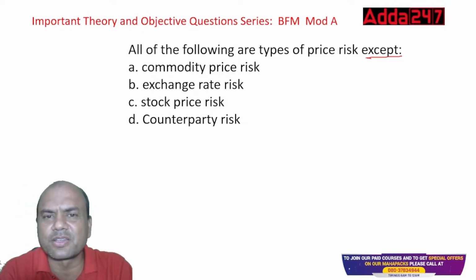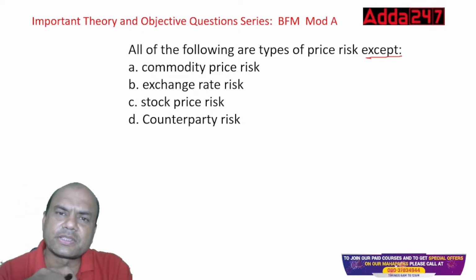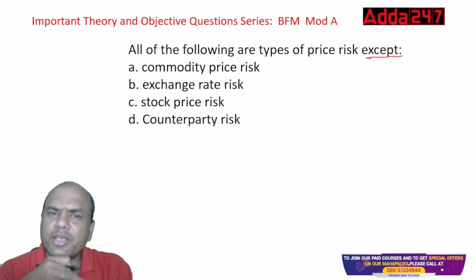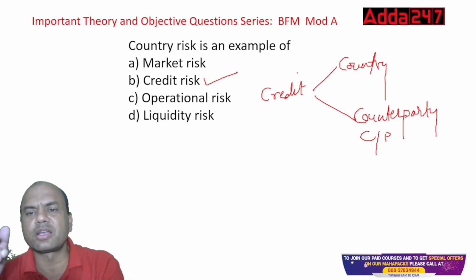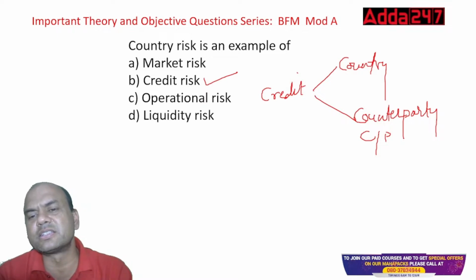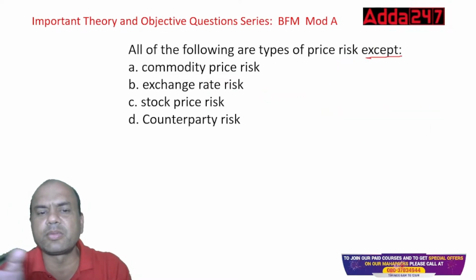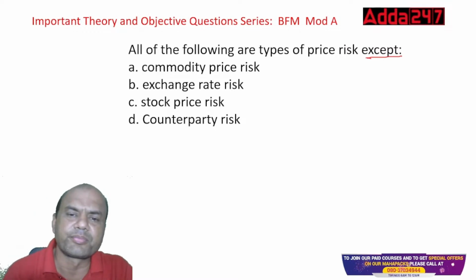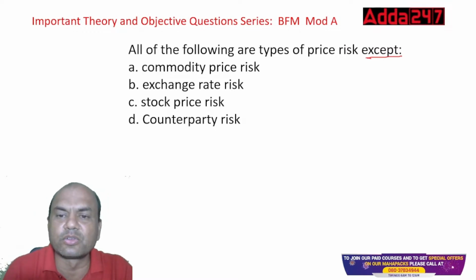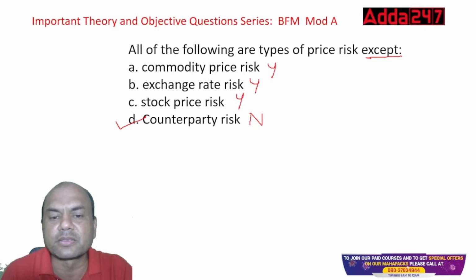Credit risk has two parts, country and counterparty. So counterparty will be a part of what? Will it be a part of price risk? No, it is a part of credit risk. So this is not the one. This is yes, this is yes, this is yes. All these are price risks. But this is a part of credit risk.